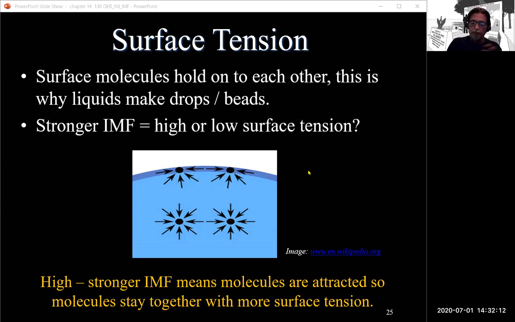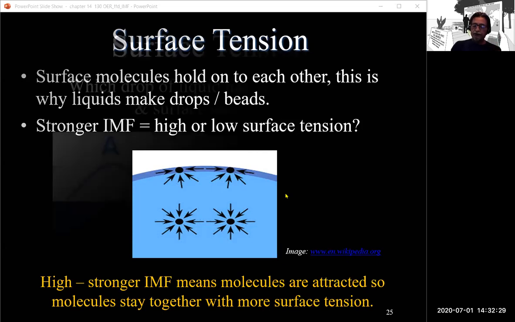Once you clean your car and wax it and you put water on it, it beads up. That beading is what we call surface tension. So again, if you have strong IMF interactions, you're going to have high surface tension.